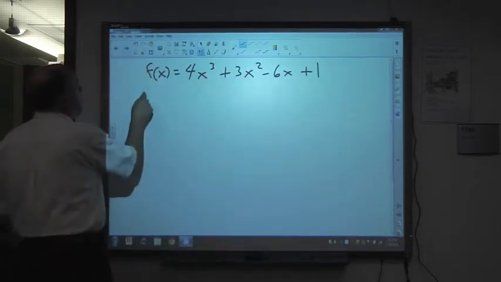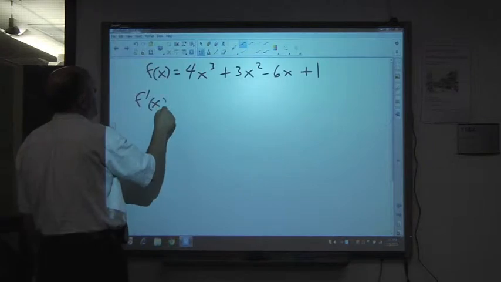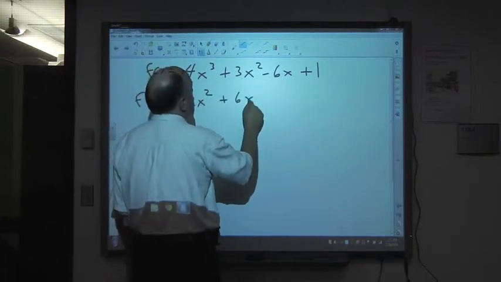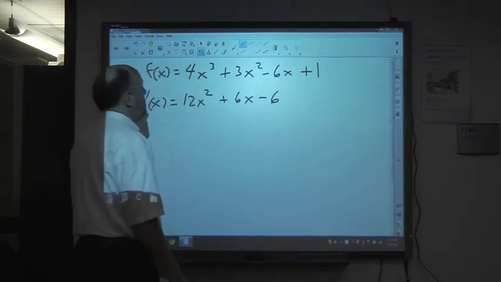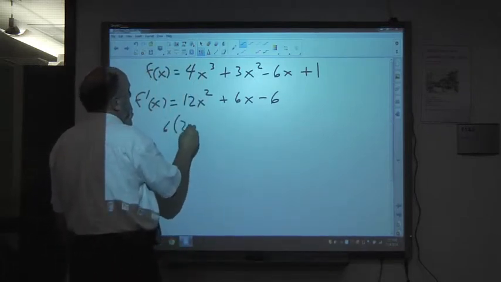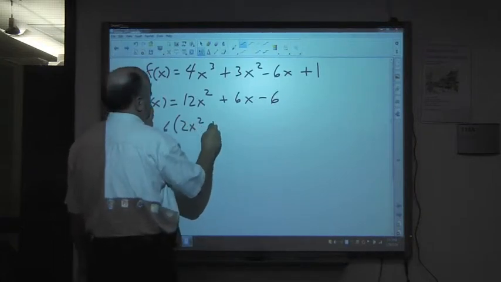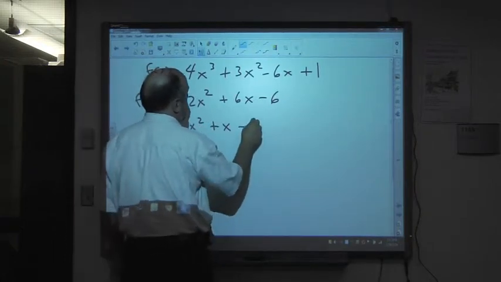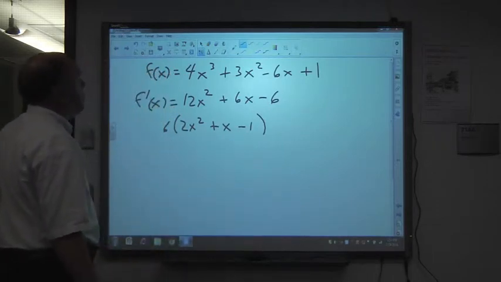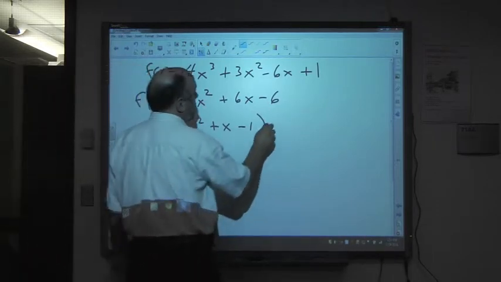So first derivative test, first derivative is going to be 12x squared plus 6x minus 6. Factor out a 6. So 6 times 2x squared plus x minus 1. With that, we want to set it equal to 0.